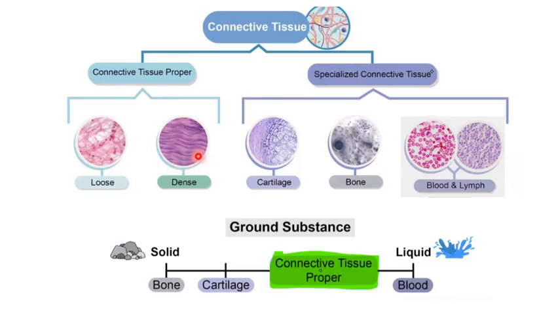And then in specialized connective tissue, you're going to see cartilage and bone, which are for support, and you're going to find blood. So support and transport. Those are specialized tissues that are used for keeping the body supported and also transporting stuff. So blood and lymph.